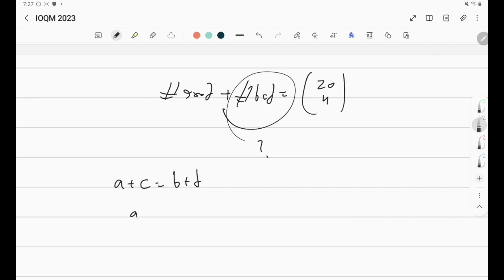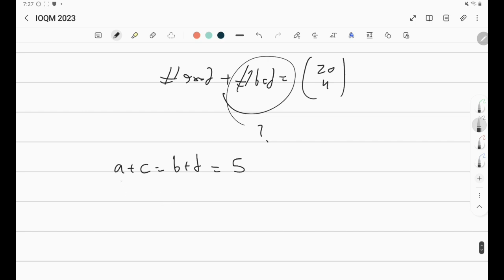We discuss cases. If A plus C and B plus D are both equal to 5, how many do we have? Of course 1, because 1, 4 and 2, 3 is the only way. So in this case we have 1.